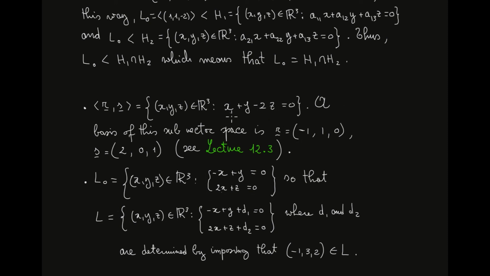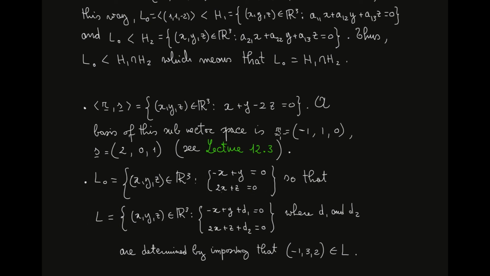We just have to express one of these coordinates in function of the other two, and then choose the other two alternatively having the values (1, 0) and (0, 1). In this particular case, R corresponds to y equals 1 and z equals 0, and then x is forced to be a certain particular value from this expression. And here S corresponds to y equals 0 and z equals 1.